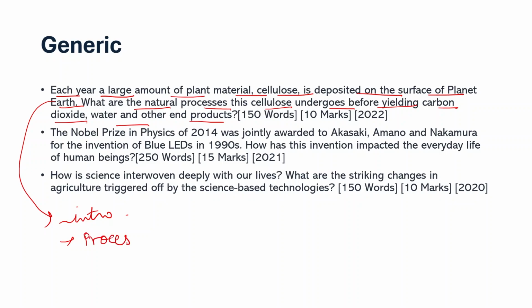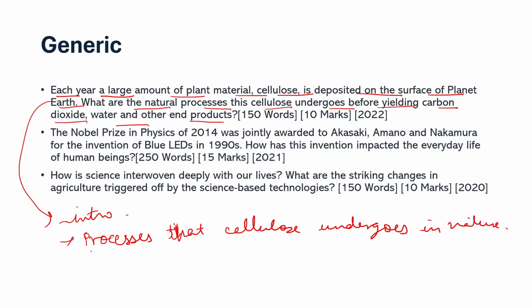the processes that cellulose undergoes in nature. You can write about different processes, like how it is forming, and then from there where does it go, basically the whole cycle of cellulose.